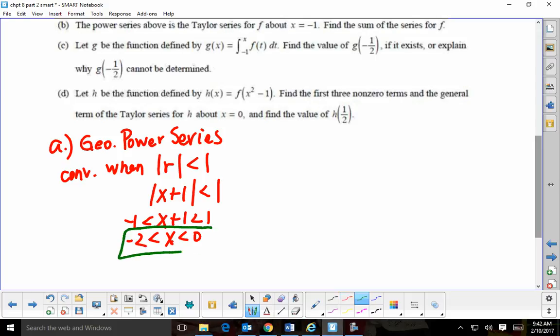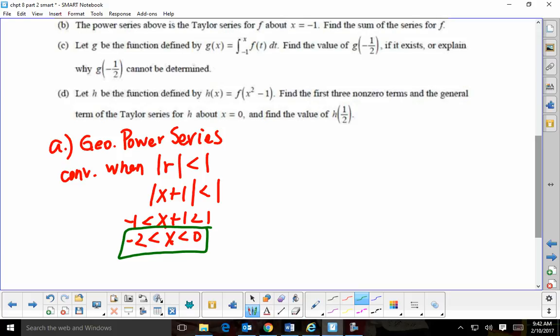And we're done. There's no endpoints to be inconclusive on the geometric. So that's why I say if I can use my geometric, I'm going to. But the ratio test would have worked just fine.